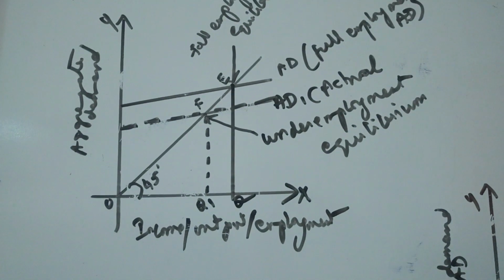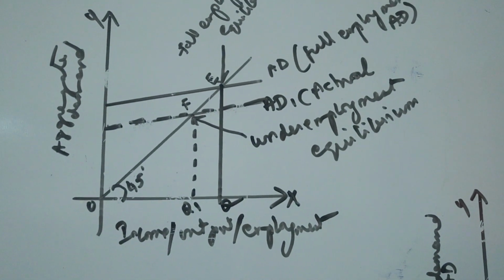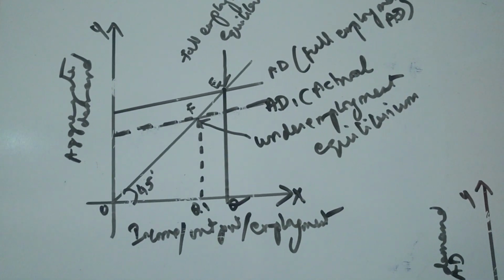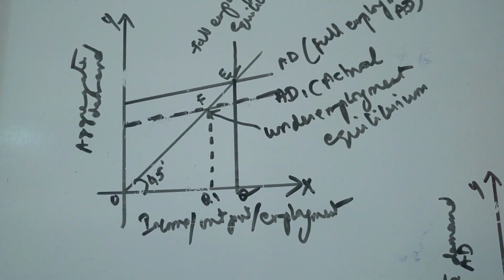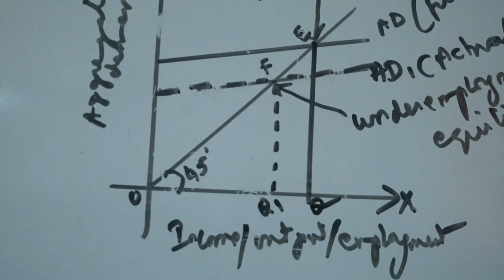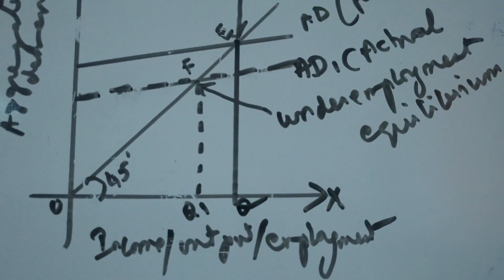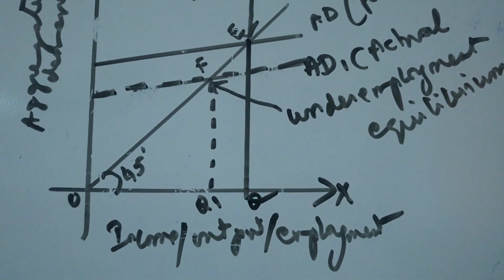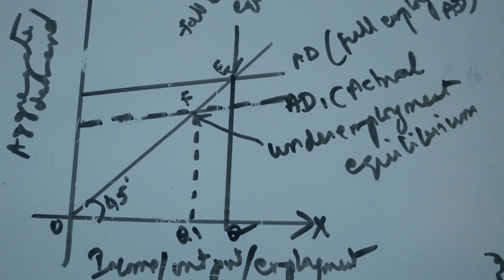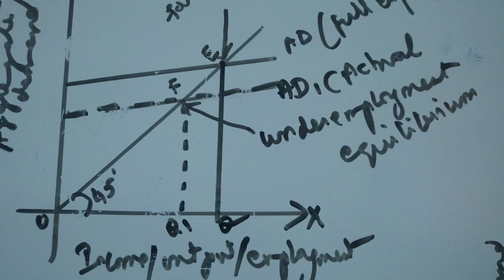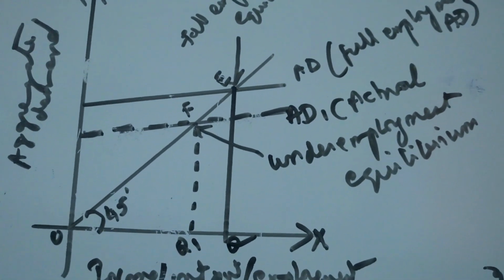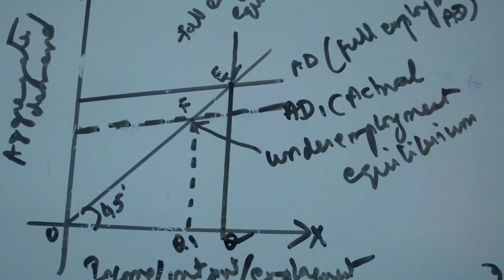So here you can see at point F, AD1 is equal to AS, which is lower than full employment level. You can see the full employment level. So here you find this lies below the AD, full employment AD.